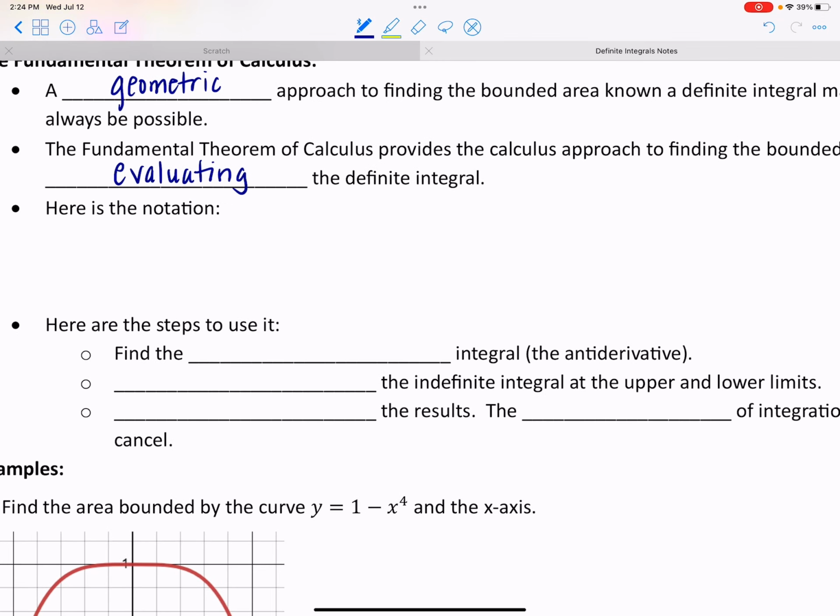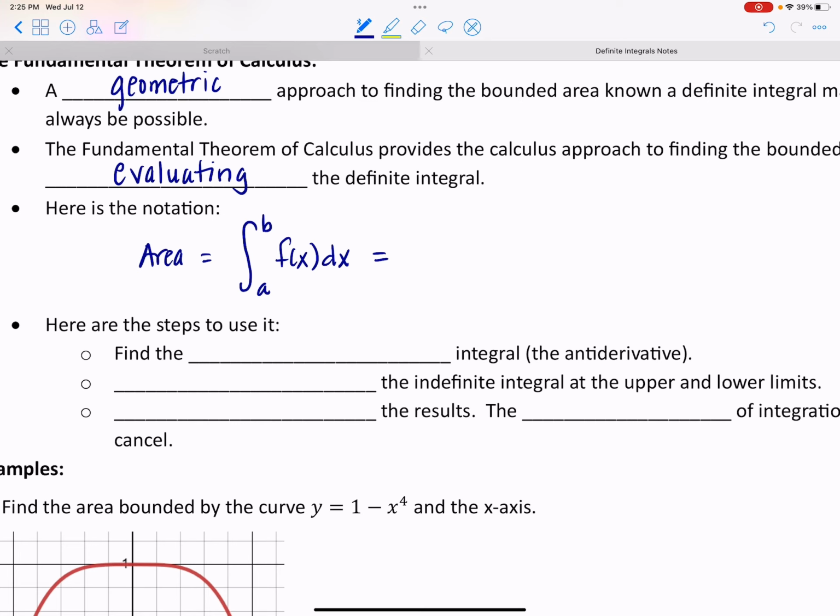So the notation says, if we are trying to find our area, our definite integral, then we're looking at, again, a definite integral that goes from some interval a to b of some continuous function, we'll call it f of x dx. When we find this area using our fundamental theorem of calculus, we're still going to find the indefinite integral the way we've been finding indefinite integrals.